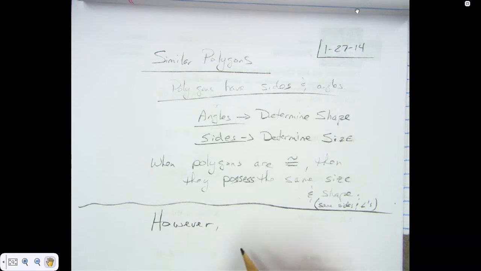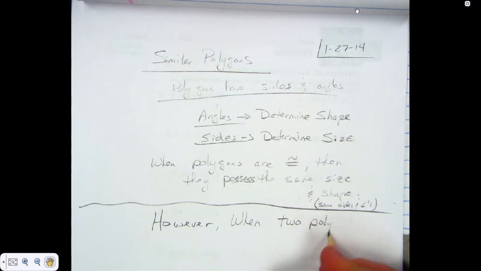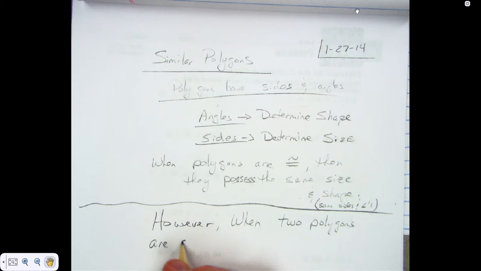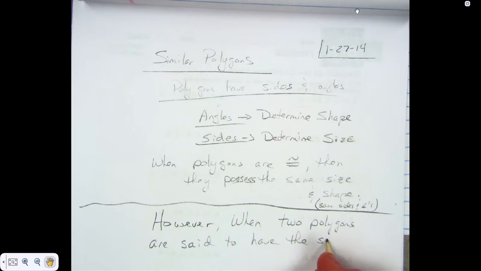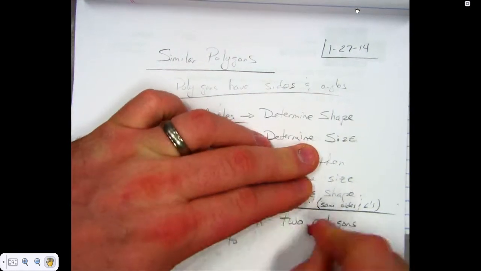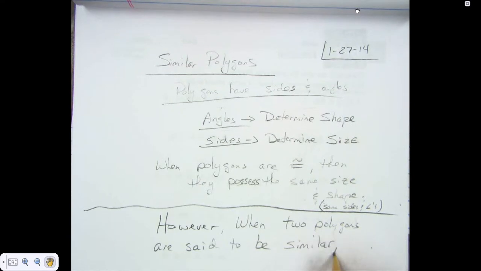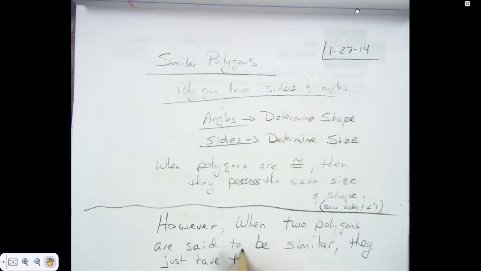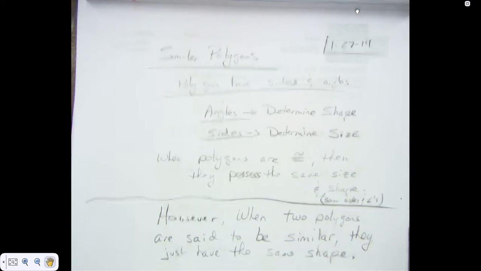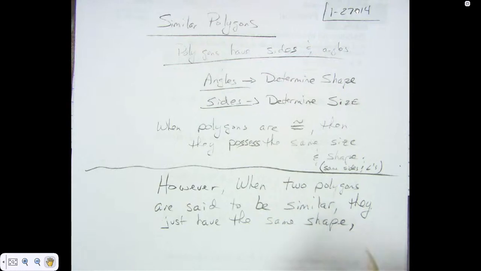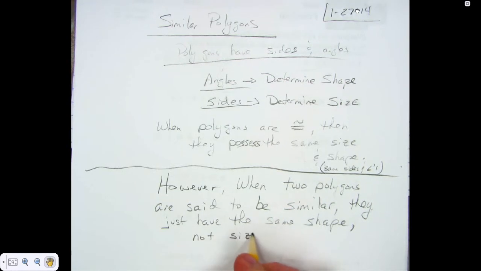However, when two polygons are said to be similar, they just have the same shape. Not size.